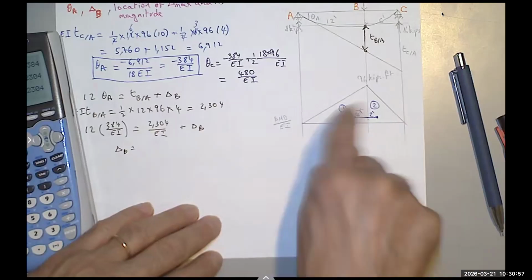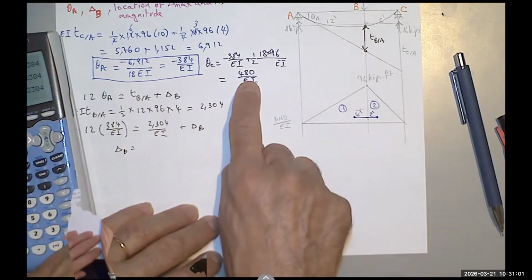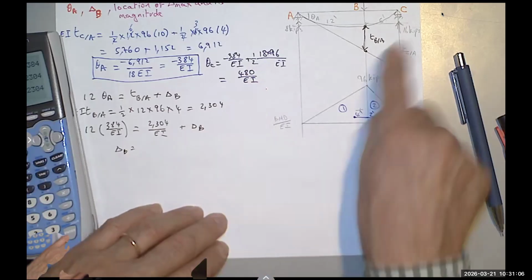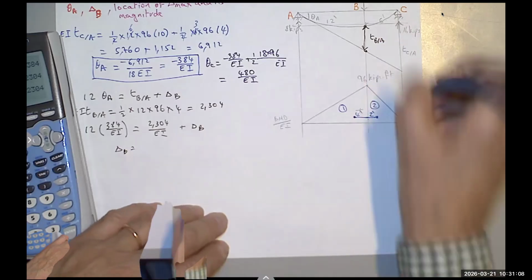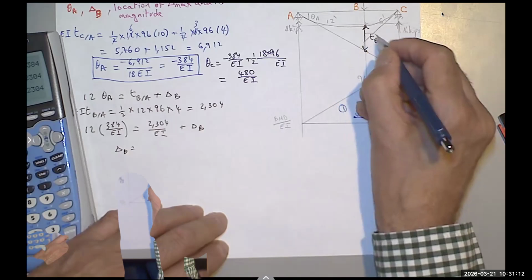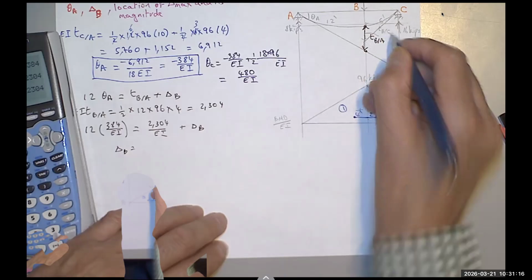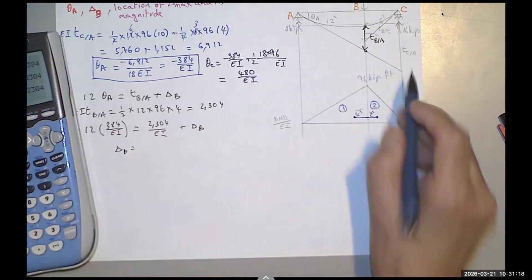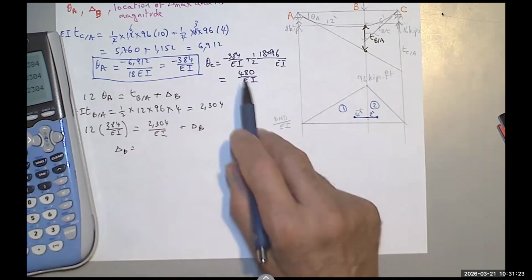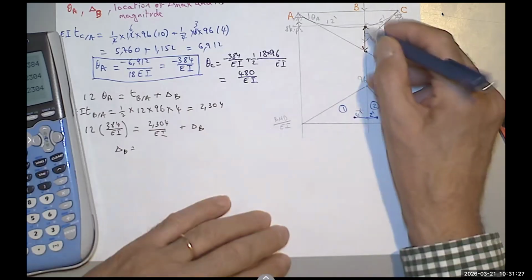Let's solve it from the right, okay? Because we know this is 480 over EI, that's theta C. So if I draw something like that, this would be TB with respect to C, and 6 times theta C should equal TBC.